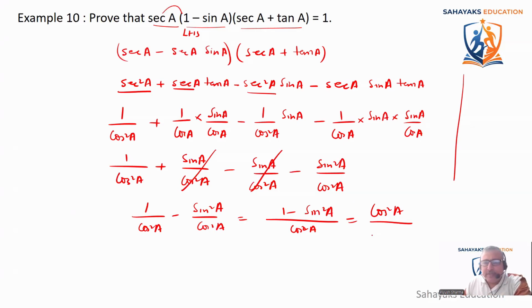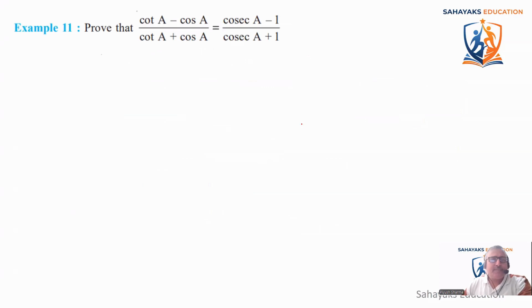So it becomes cos square A divided by cos square A, and that is equal to 1, and that is equal to right hand side. So we were able to prove that left hand side is equal to right hand side. So hence proved. So coming to the next question.